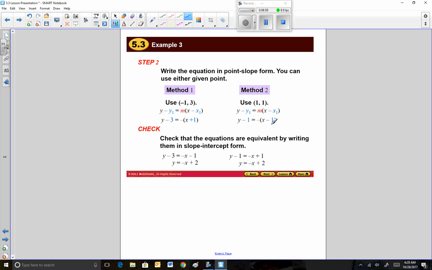Same thing happens here. You distribute your -x, +1, add your 1 over here to get y by itself, using all your algebra skills, you get the same equation. So, are they equivalent? Yes. They just don't look equivalent right now, do they?